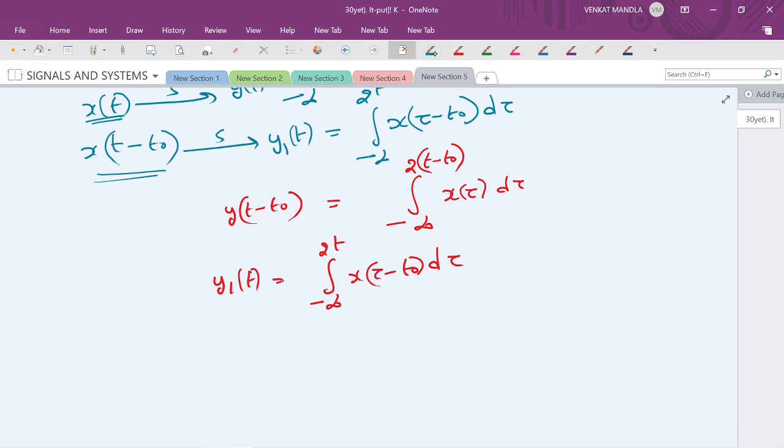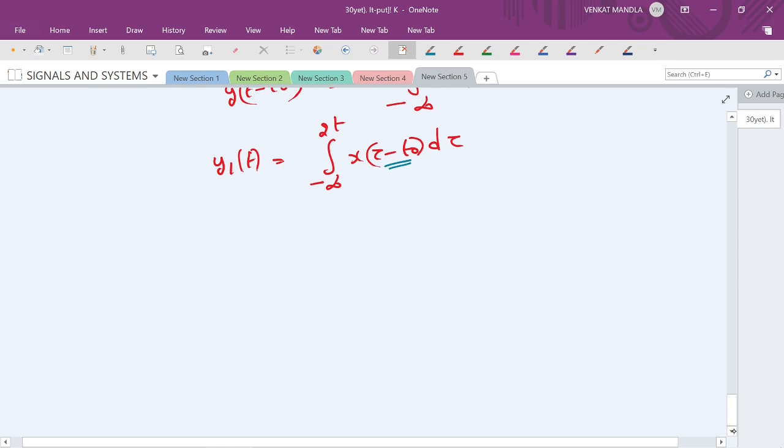To check this, first, this is x(tau minus t naught), this is x(tau). Let us say tau minus t naught equals some lambda. Now d tau equals d lambda. These are tau limits, tau equal to minus infinity to 2t.